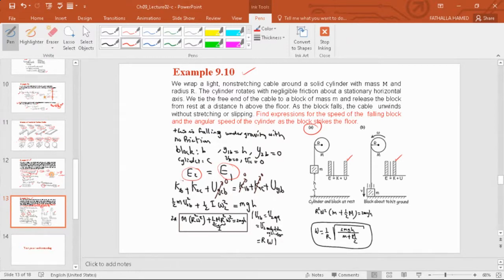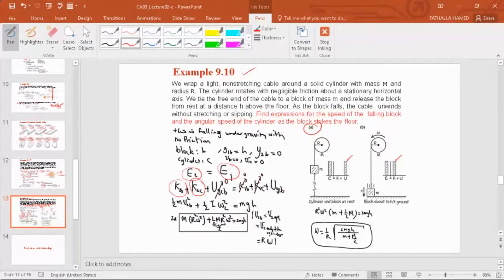So you're going to look at the kinetic 2 of the block B and the kinetic 2 of the cylinder, we use the symbol C here, plus the gravitational potential of B when it hits the floor. That should equal E1, which is the kinetic 1 of B, where B stands for block, plus the kinetic 1 of C, where C stands for cylinder, plus the gravitational potential energy of the block.